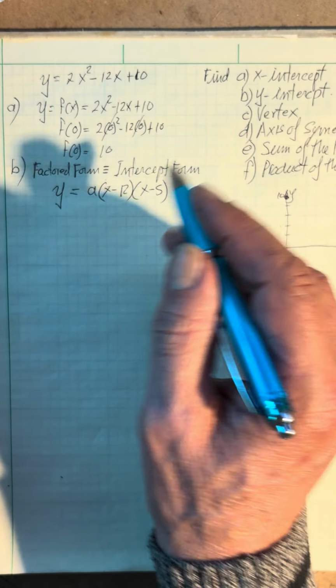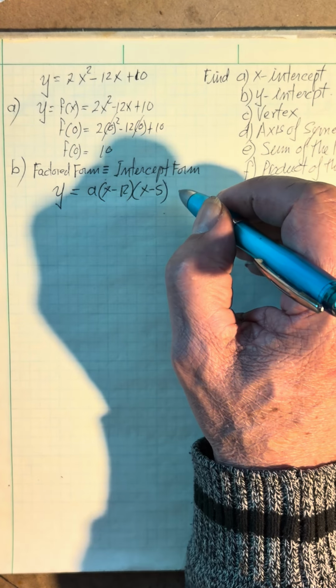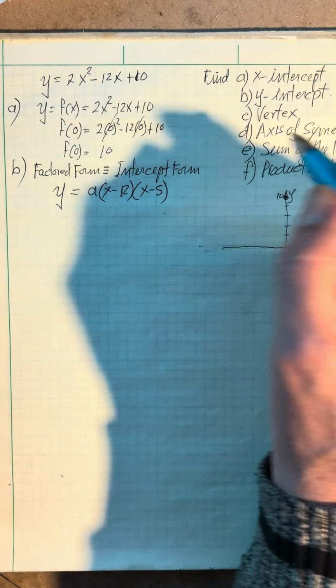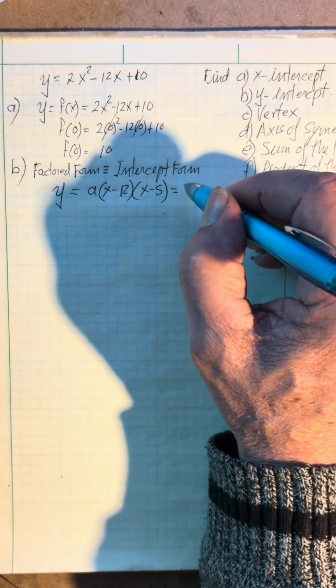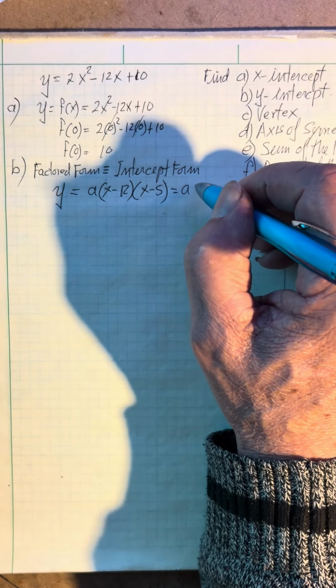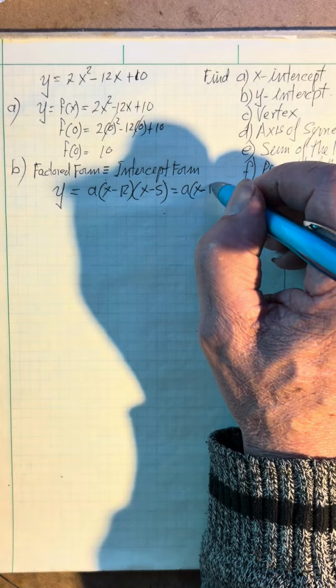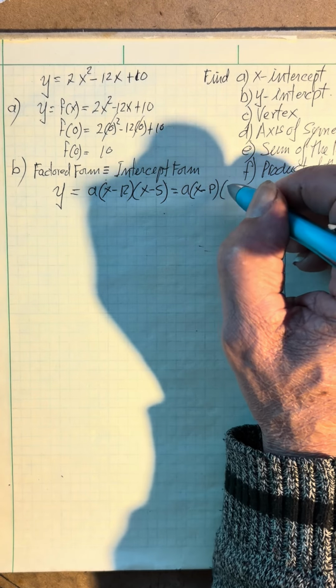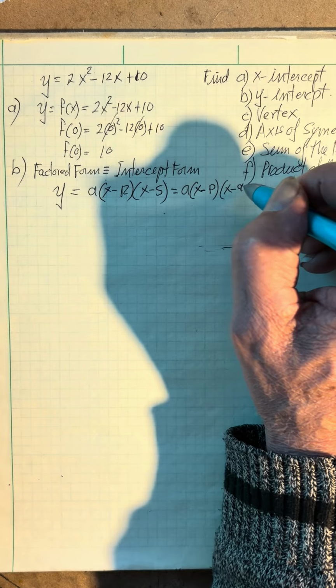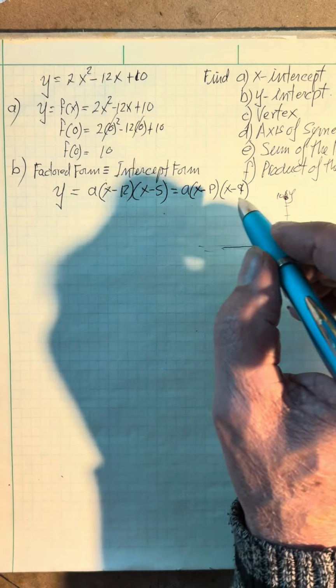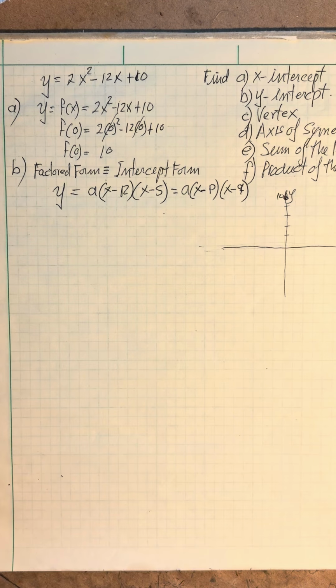Normally I use, well, it's okay. In this exercise, I'm going to use P and Q. I find that is more commonly used, especially in places like here in Germany.